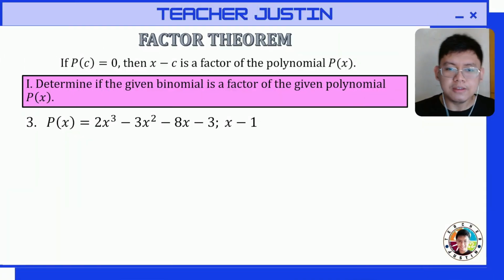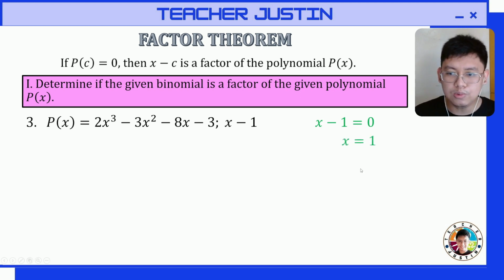Okay, let's determine if the given binomial is a factor of the given polynomial p of x. So, gagamit tayo dito ng factor theorem to identify if this binomial is a factor or not. So, ang first step natin sa factor theorem is for us to equate the binomial to 0 and then solve for the value of x. So, lipat natin si negative 1 sa kabila. Change the sign.